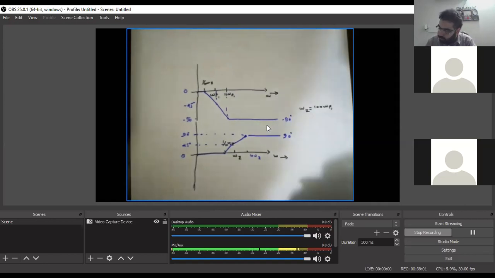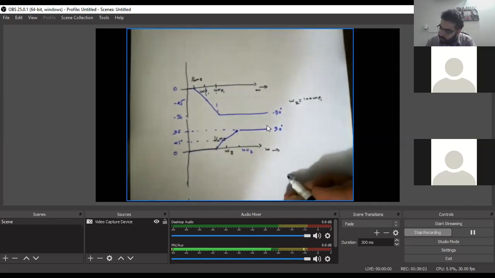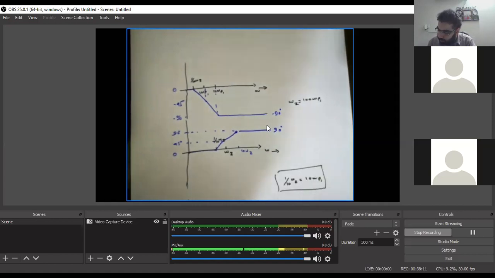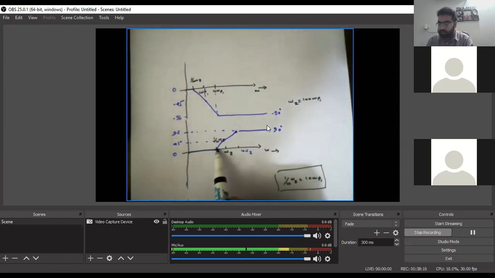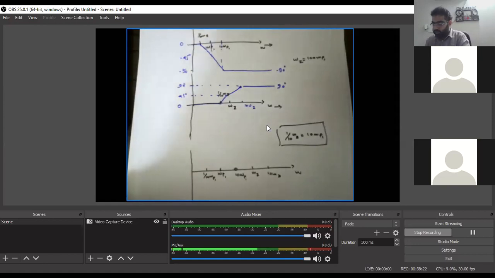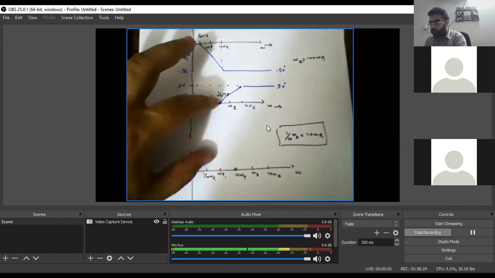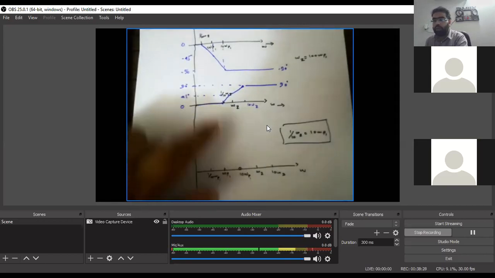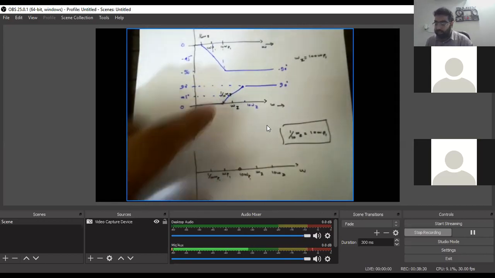And one important thing which we were just writing: 1 over 10 omega z is equal to 10 times omega p1, which is the point I guess Ali, you were asking about, that this point, 10 times omega p, is equivalent to 1 over 10 omega z. These two points which I'm pointing at this moment are the same.